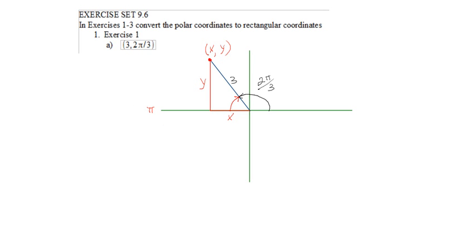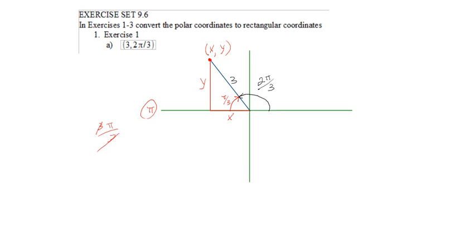What do we need to get pi? We need a pi over 3 here. So pi over 3 plus 2 pi over 3 would be 3 pi over 3, and then the 3's cancel and we get pi. So that's how we calculate this supplementary angle.